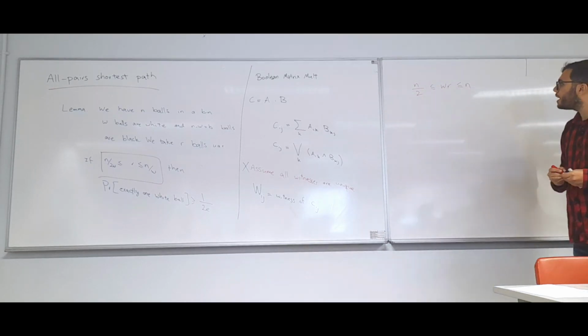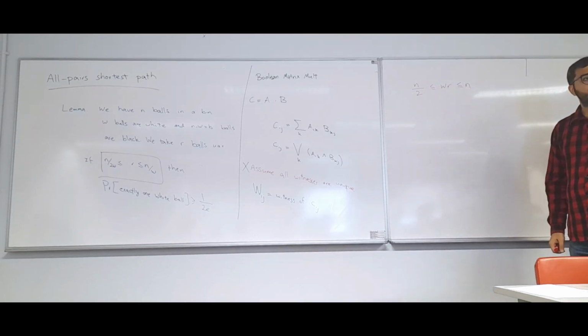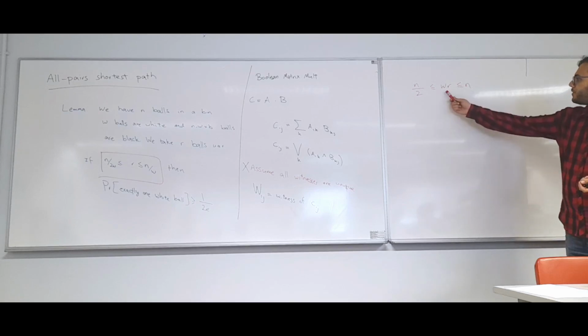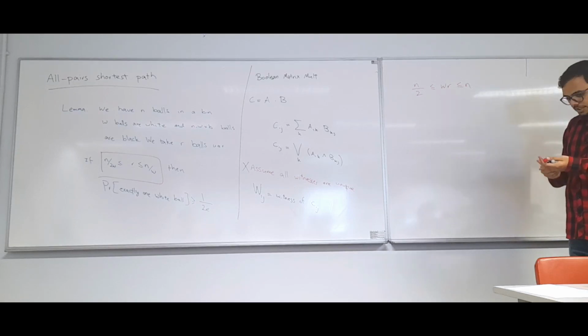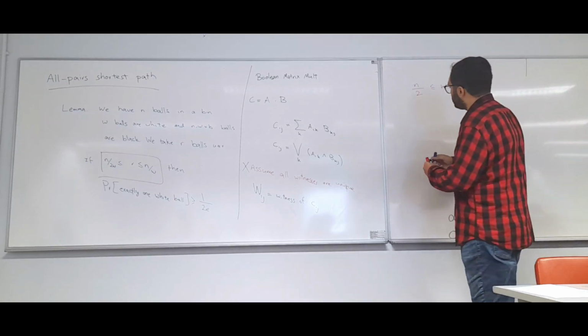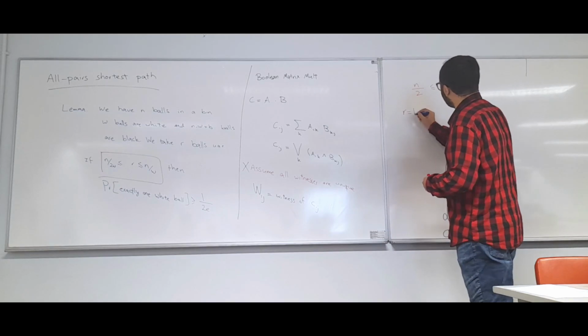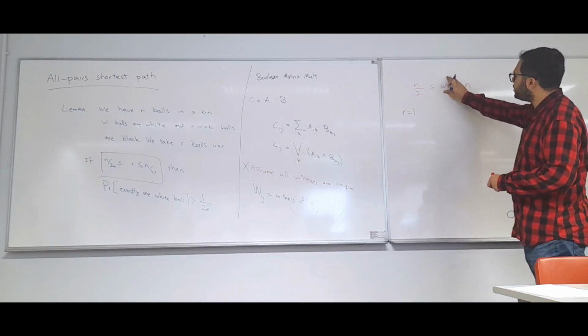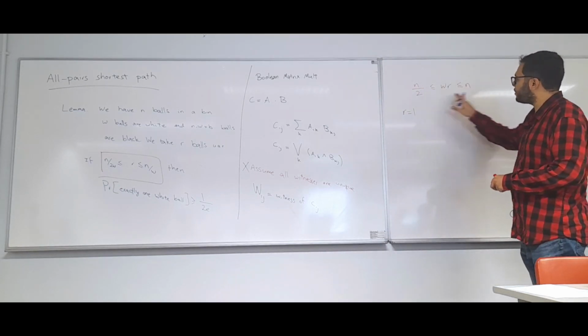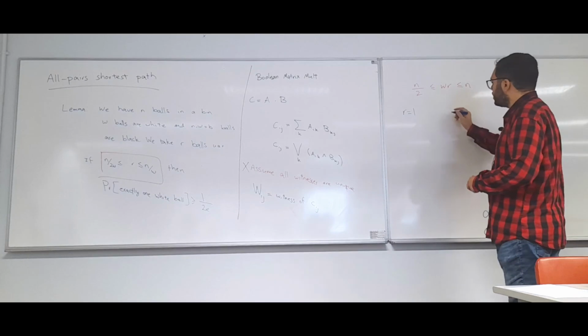Okay, if I just choose R to be 1, which values of W are already covered? So if I choose R as 1, well, R is 1, so every W between half of n and n is covered.